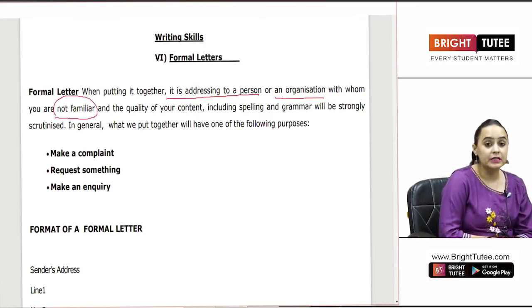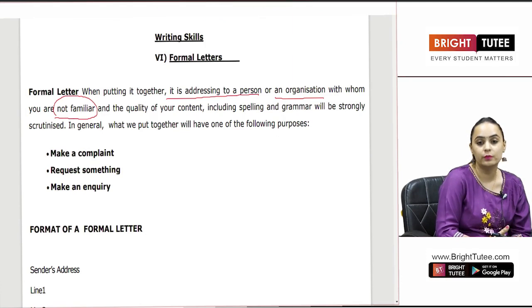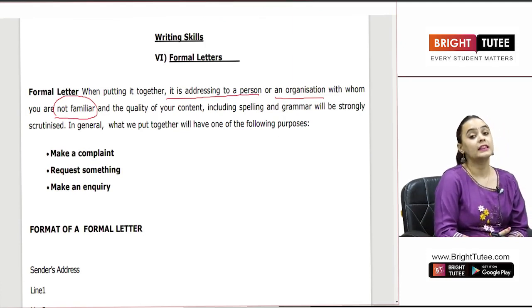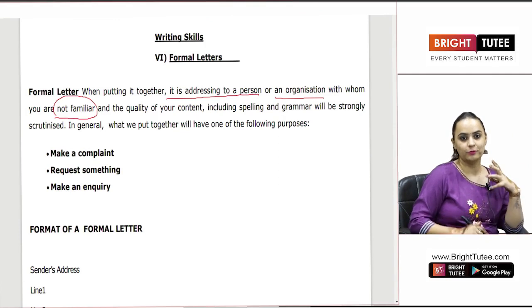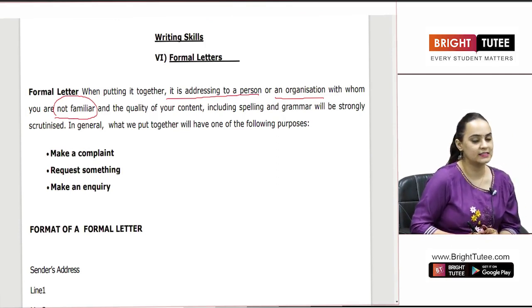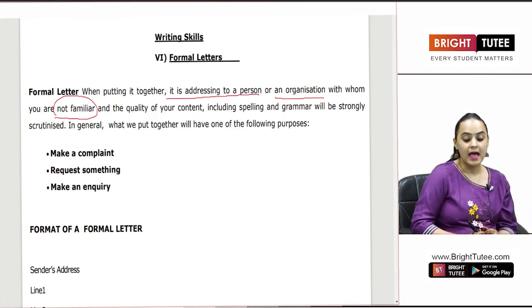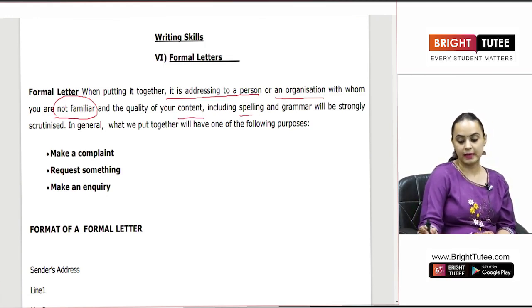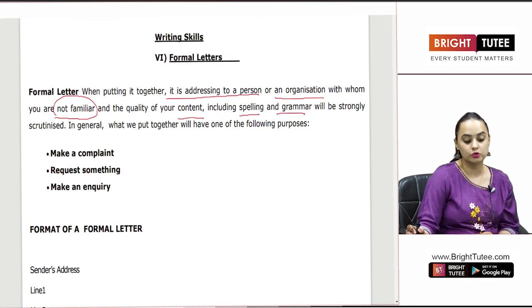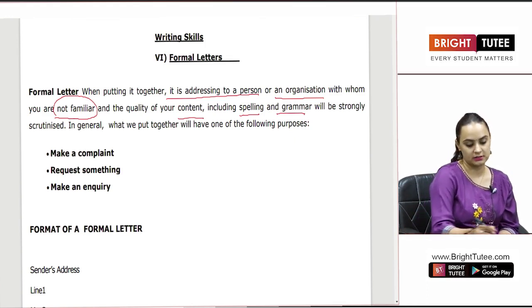Somebody or something which you are not very well known about, and therefore the formal tone is supposed to be used, and the quality of your content, spelling, and grammar will be strongly scrutinized.